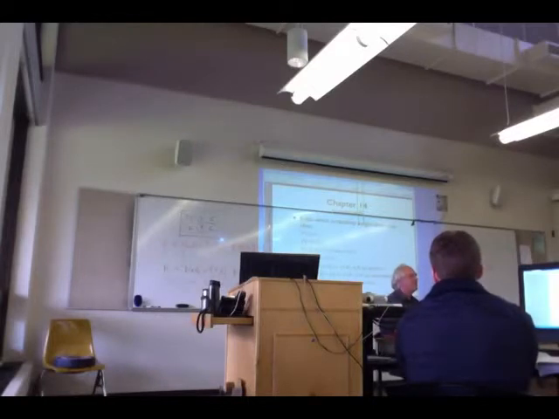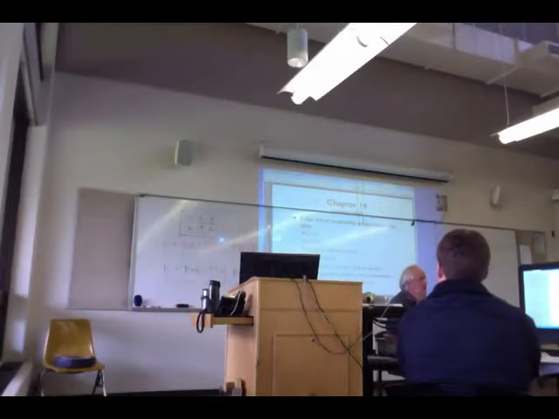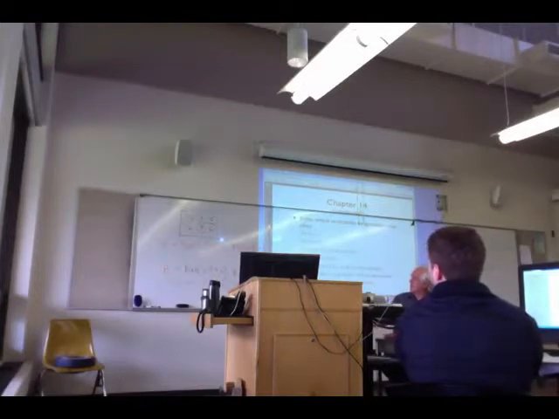Let me draw another Venn diagram here. In this example, the events A and B overlap.